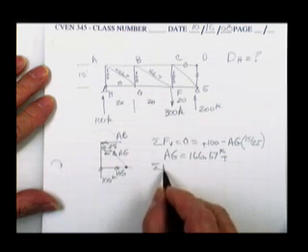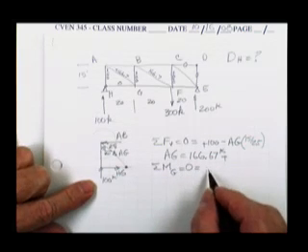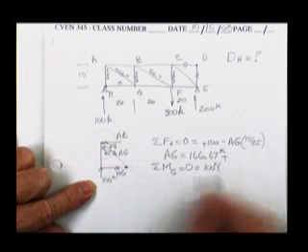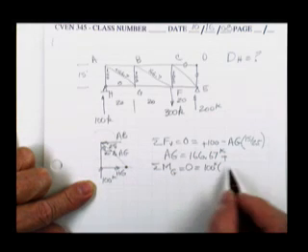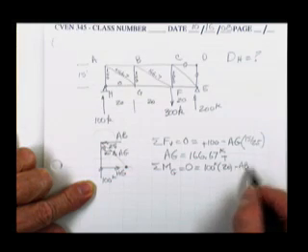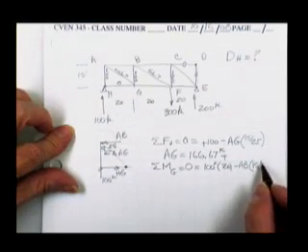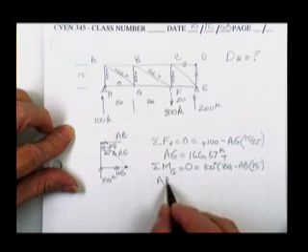The sum moments about G is equal to 0 is equal to 100 times his moment arm, 20, minus AB times his moment arm, 15. AB is equal to how much?